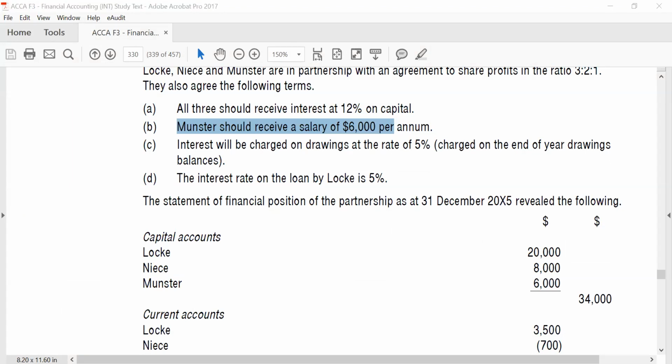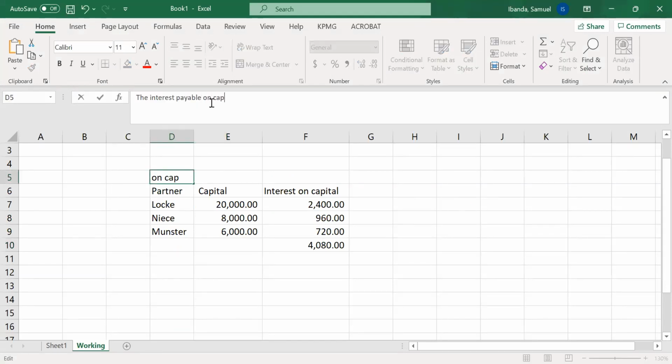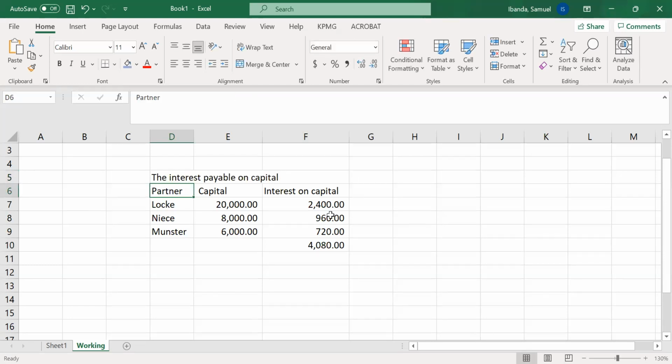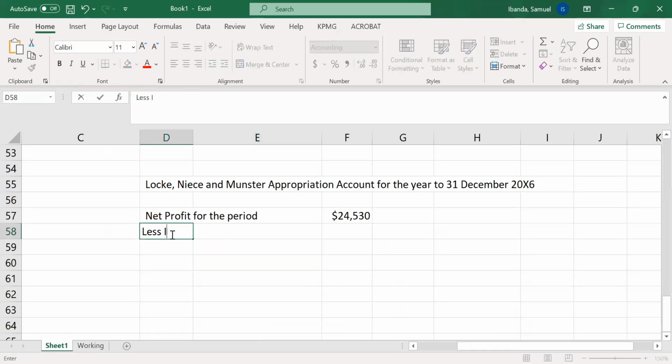I think I picked different figures, but ideally we should pick the capital balance if we are calculating interest payable on capital. So these are the values that we have gotten. Now we look at the salary and we should be good to go. So I'll just come here and say less interest on capital.